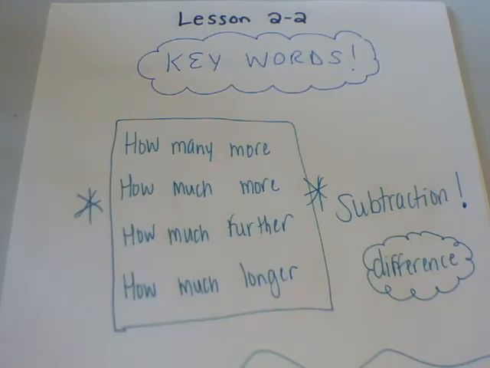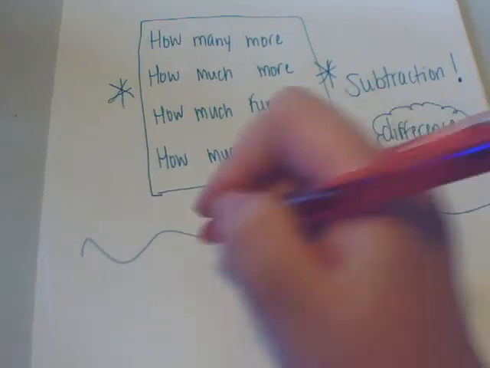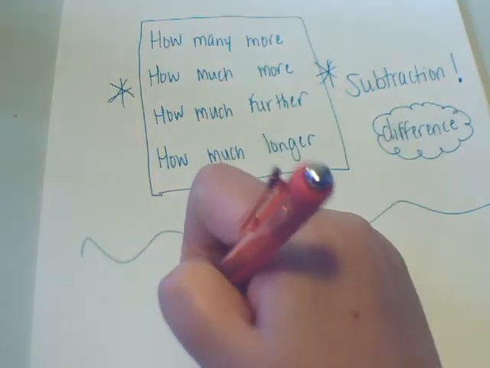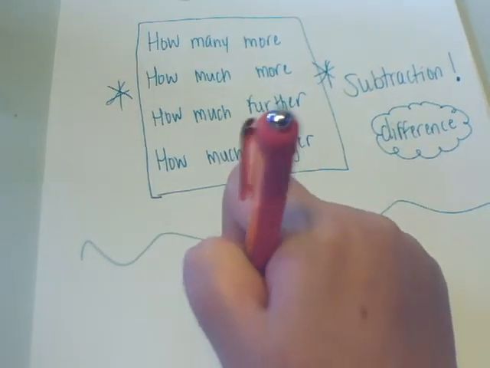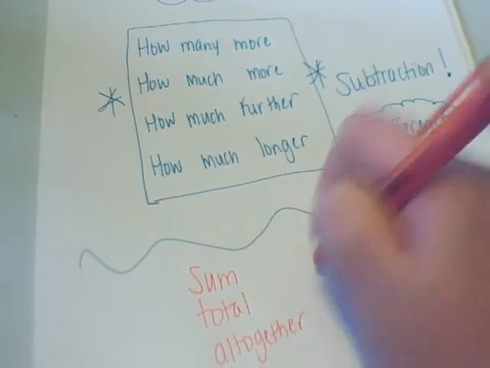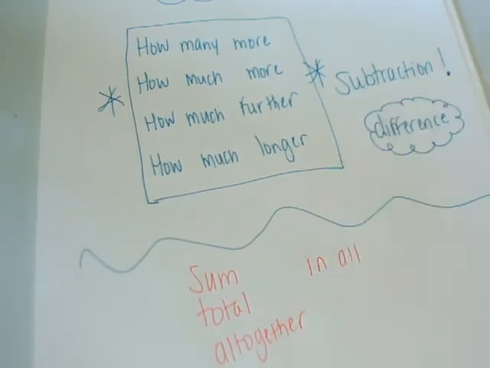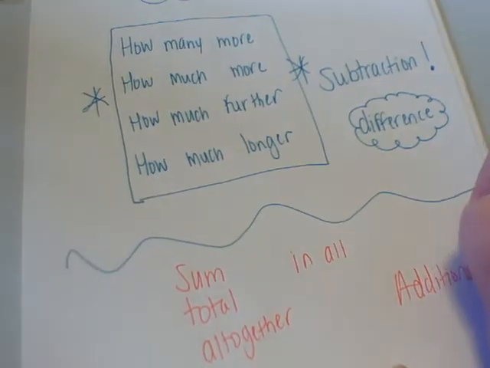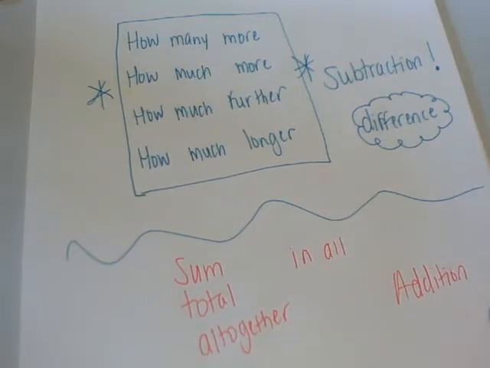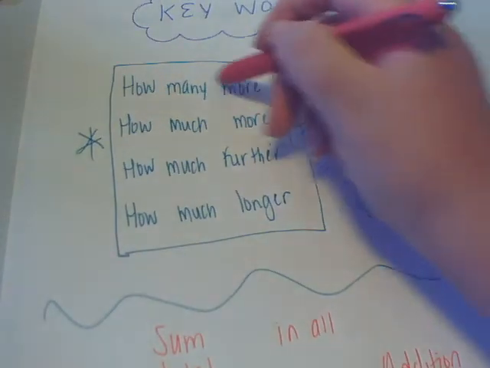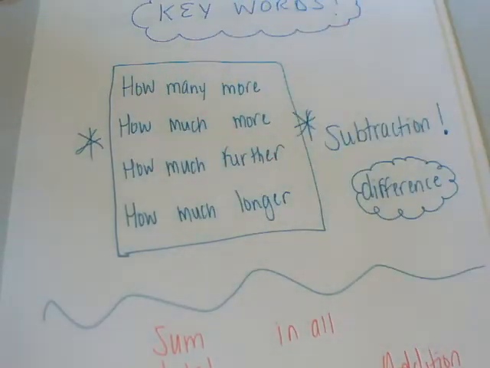Now on the flip side of that, if you see something like sum or total or maybe all together or in all, that's going to mean addition, okay? So please make sure we're paying attention to our key words. This is the big one to remember for this practice.